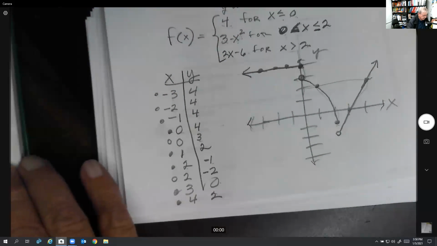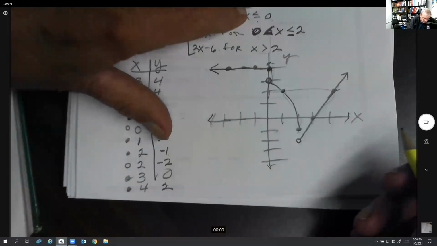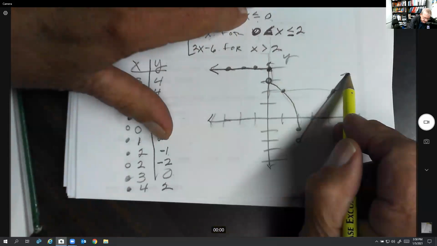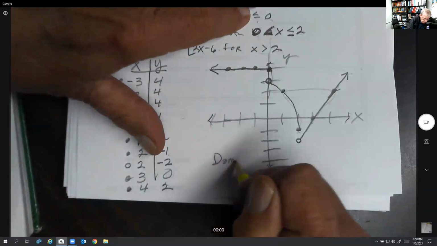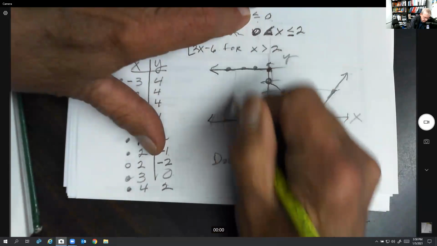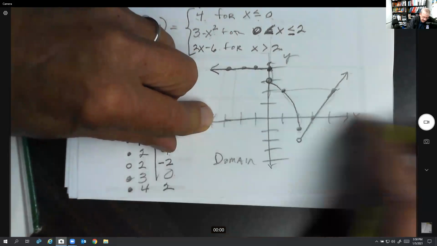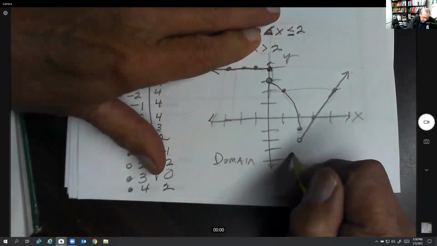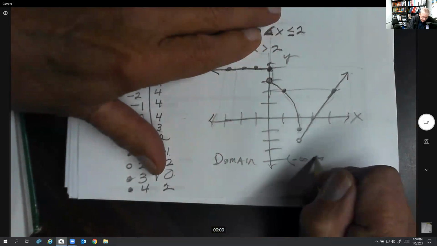We want to talk a little bit more about domain and range. Let's see what the domain of this function would be. Well, the domain means it keeps on going all the way. If we were to project these points down and project these points down, you can see it keeps on going. So we could say it's from negative infinity to positive infinity.